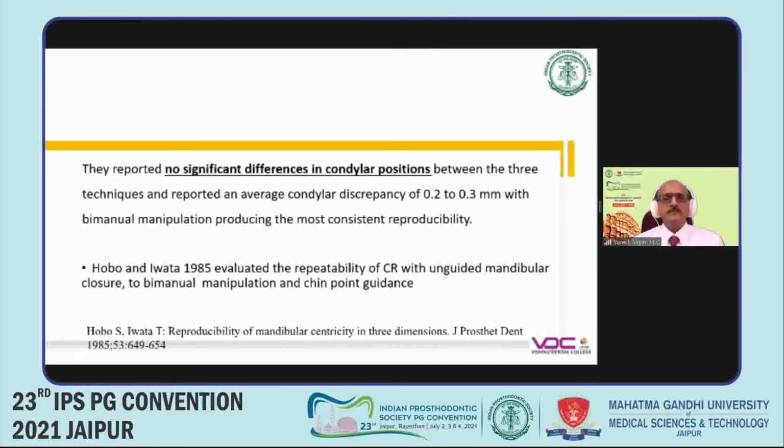Some articles have said bimanual manipulation is more accurate and more reproducible. Then some said using the Lucia jig is more reproducible. Some said a simple unguided closure by the patient can also be reproducible, things like that. However, there is no consensus on which is the best.